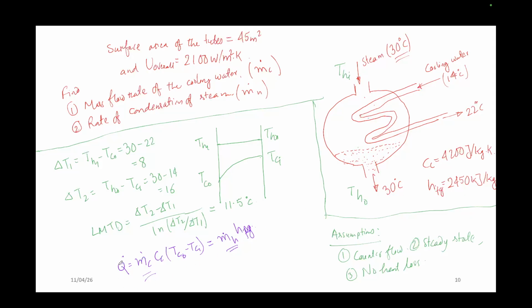That means you need either Q dot or this value. Area is given, so I can easily find Q equal to U A delta T. So what is the value coming?